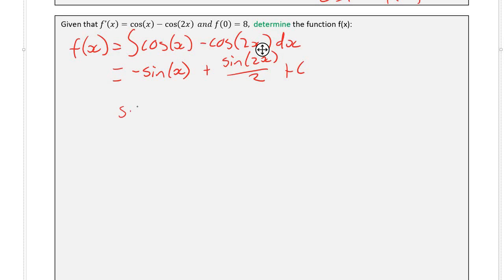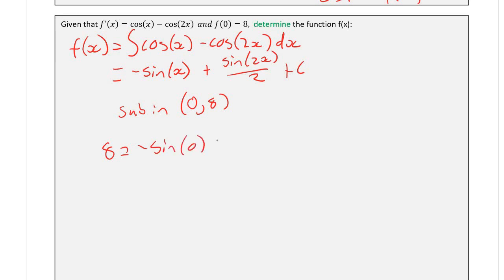So sub in 0, 8. So we have 8 equals negative sine of 0 plus sine of 2 times 0 over 2 plus c. Negative sign.